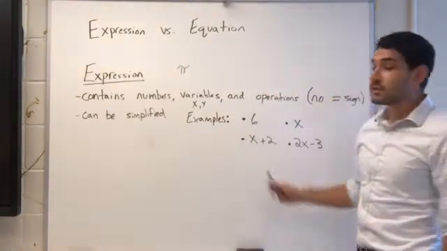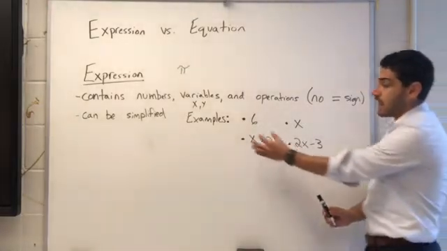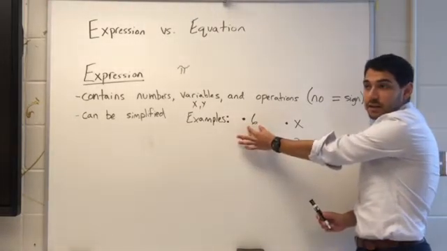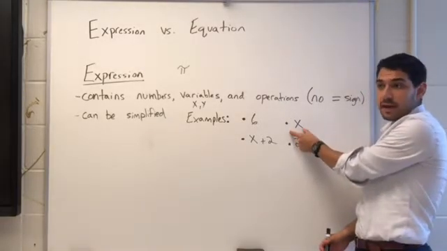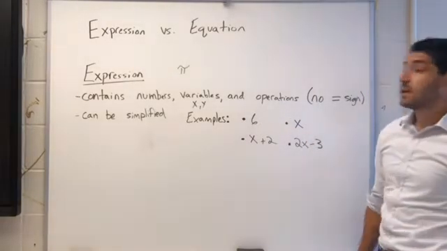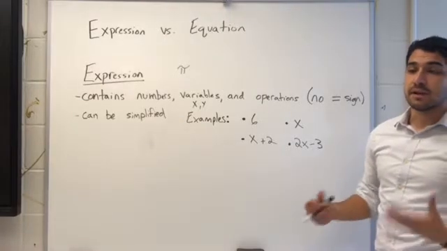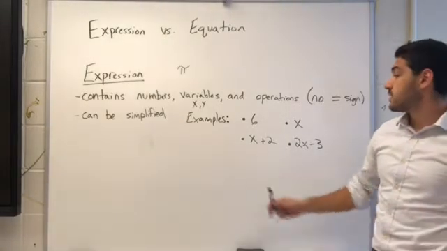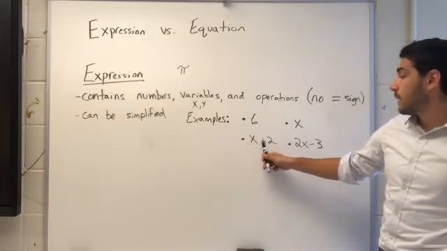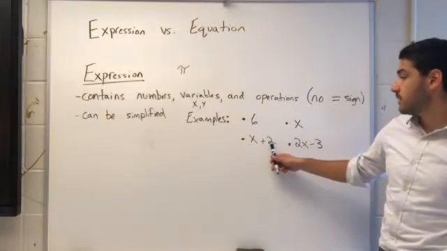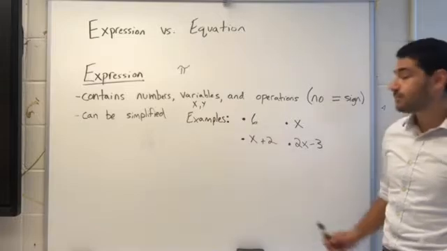Here are some examples of different expressions. You could have just a single number, like the number 6. That's an expression. You can have just a variable, x. That's an expression. You can also have a combination of variables and numbers using operations. x plus 2, that's the variable x, the operation of addition, and the number 2. This is an expression.